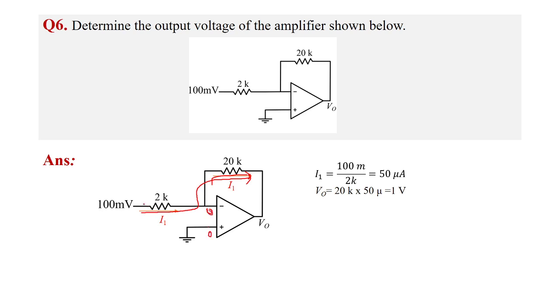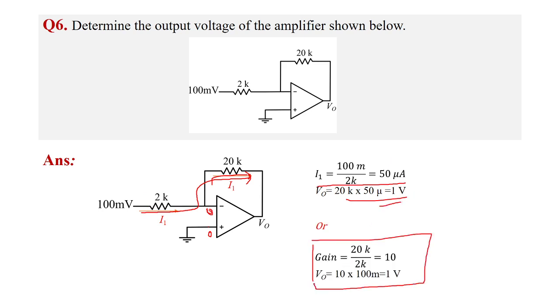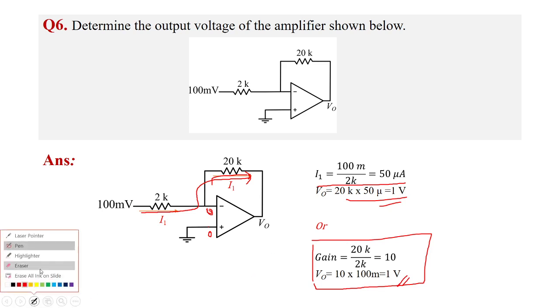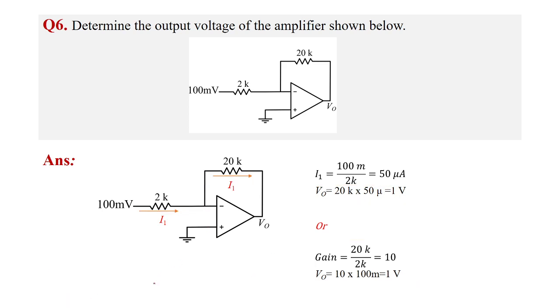So what is the current I1? 100 milli by 2k. I got I1 as 50 microamps, multiplied by the resistance gives 1 volt. Same as the first method I told earlier, that is, find the gain into the input voltage. So that will be 1 volt. So it's a simple question based on the inverting configuration.